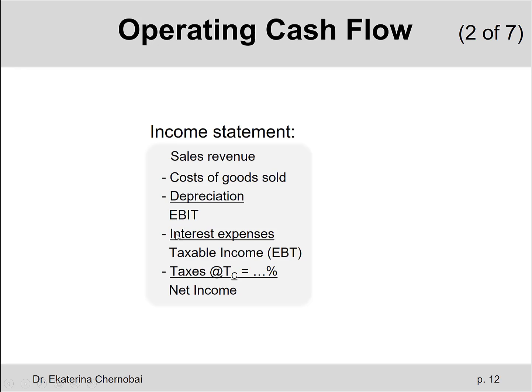Then we subtract interest expenses on loans, which gives us taxable income, or earnings before taxes, EBT. Then we multiply that by a certain corporate income tax rate that is applicable to this company. And after subtracting taxes, we are left with net income. So this is how accountants calculate profit for every year.